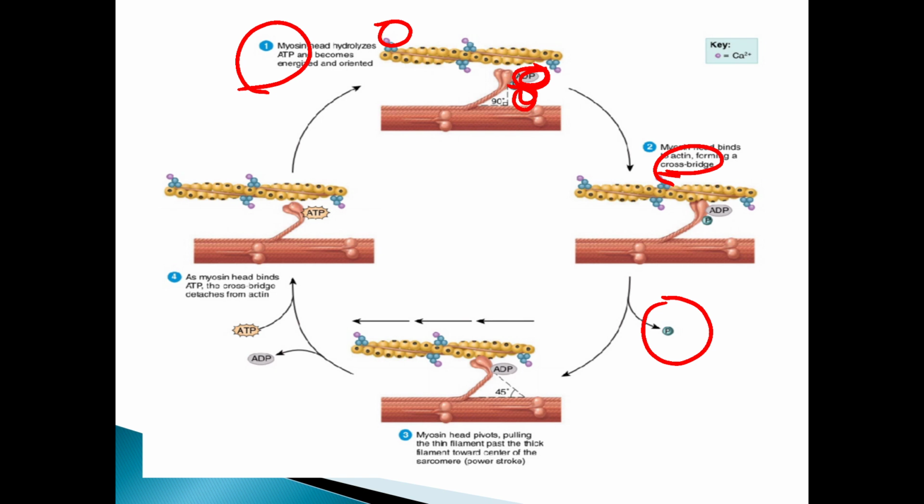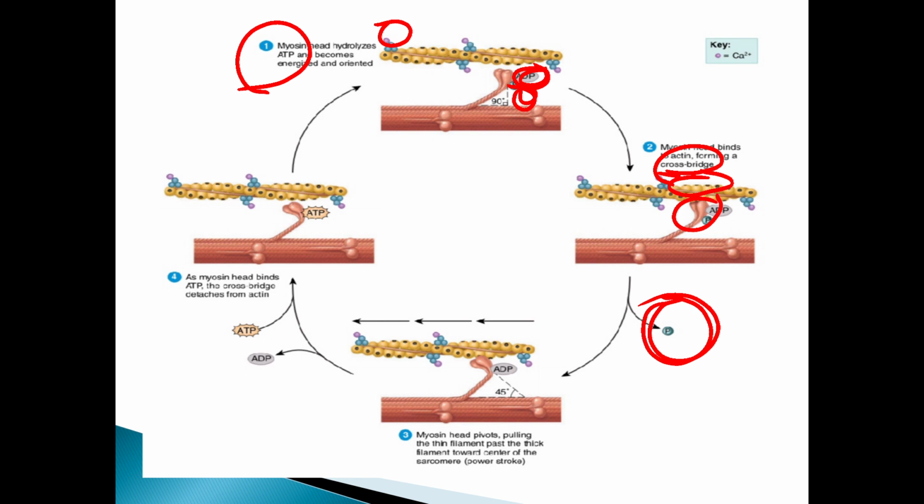How are cross bridges formed? By binding this head to actin. Myosin heads are bound to the myosin binding site on actin, and phosphate is released.